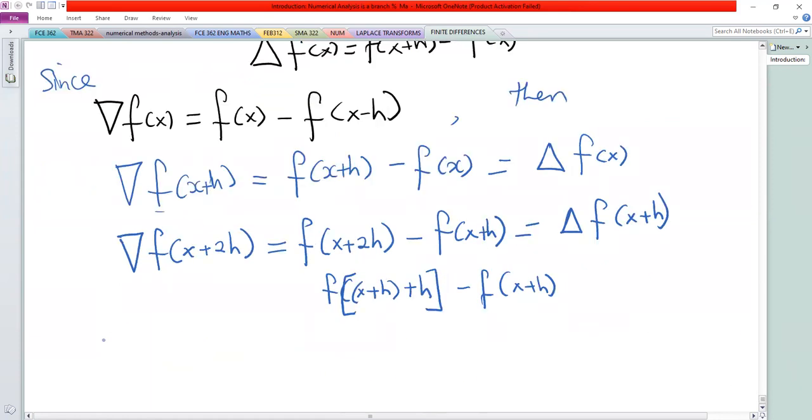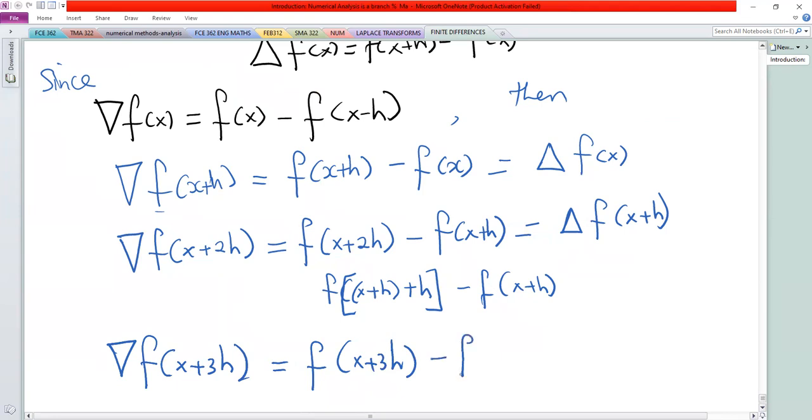Similarly, if we define backward of f of x plus 3h, it will be f of x plus 3h minus f of x plus 2h, which is the same as forward of f of x plus 2h.